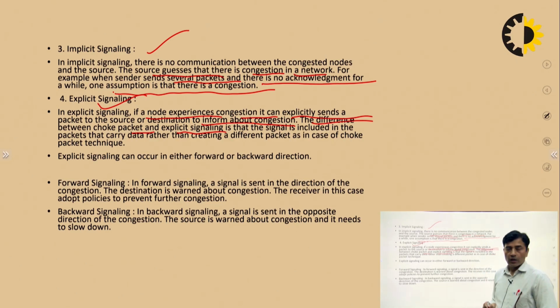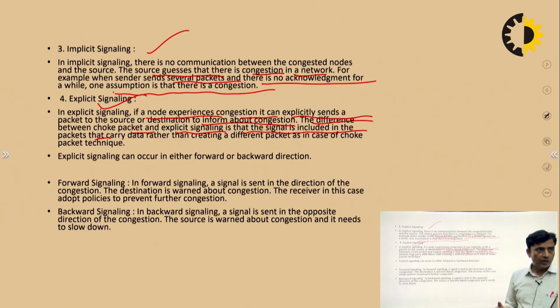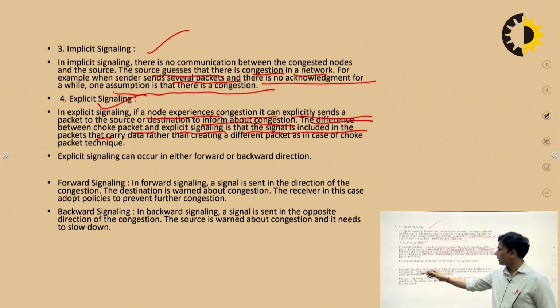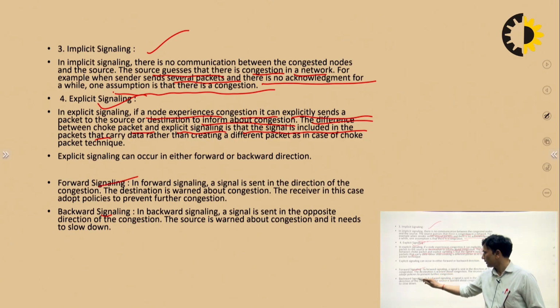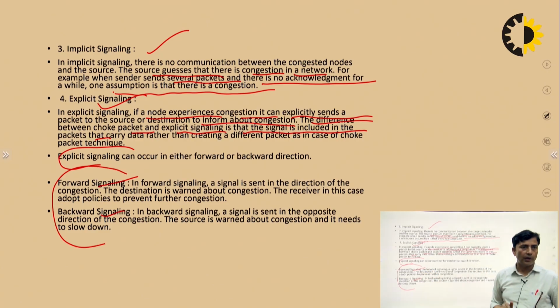But the difference in explicit signaling is that the signal is included in the packet that carries data rather than creating a different packet as in the case of choke. Okay. Next are forward signaling and backward signaling. Explicit signaling can be of two kinds, forward or backward signaling.